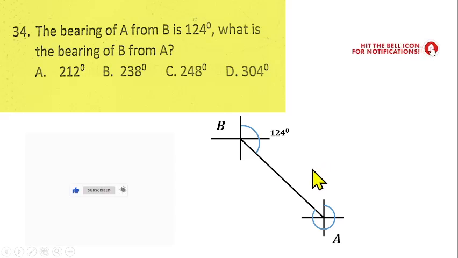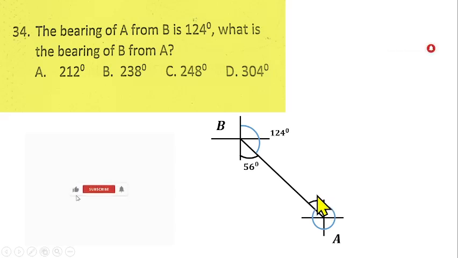It's very simple. From here to here is 180. Remove 124 from it, that will give us the angle from here to here, and that will be 56. So if this angle here is 56, the angle here also is going to be 56. Reason: alternate angles.